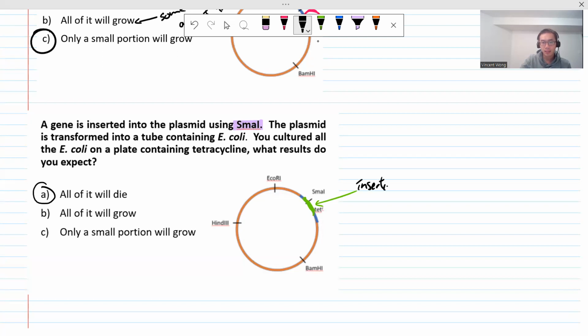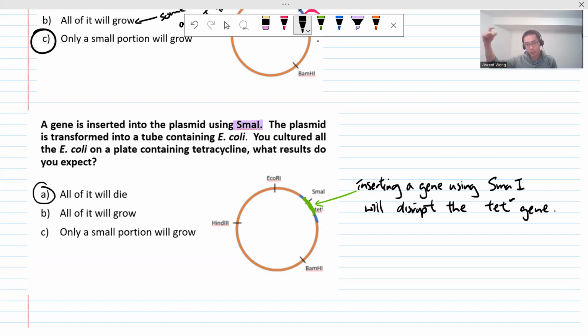Inserting a gene using SmaI will basically disrupt the tetracycline-resistant gene, right? You're inserting your gene in the middle of the tetracycline-resistant gene. You've broken the tetracycline gene.